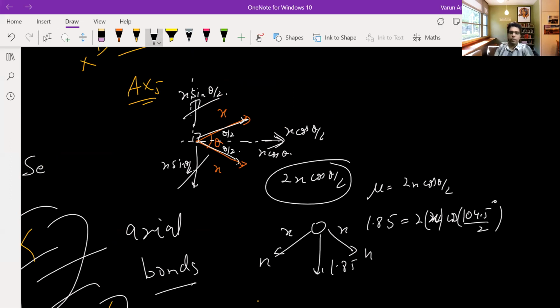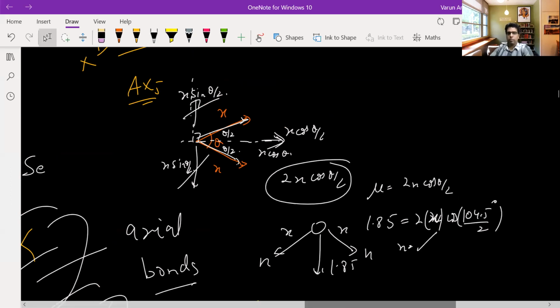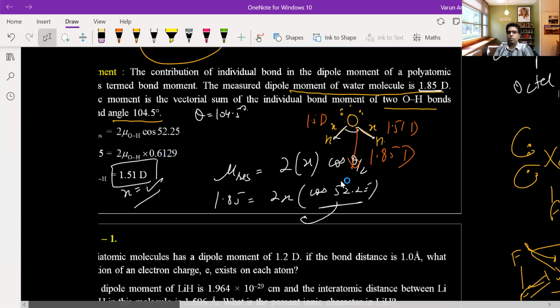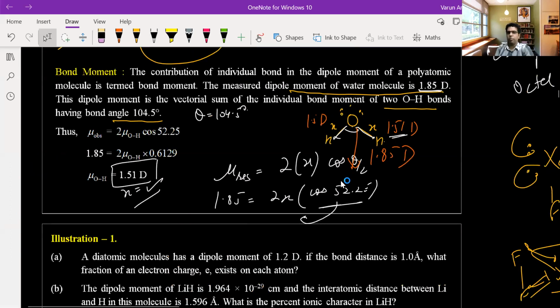From here you can find out the x. So the individual dipole moment is 1.51 debye for each OH bond and the resultant is 1.85 debye.